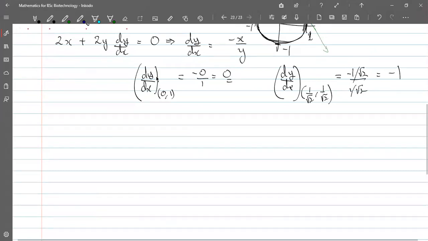Now let's move on to higher order derivatives or successive differentiation. So again, we are not going to look at this in much detail. We just look at the definition. So the point is the same.